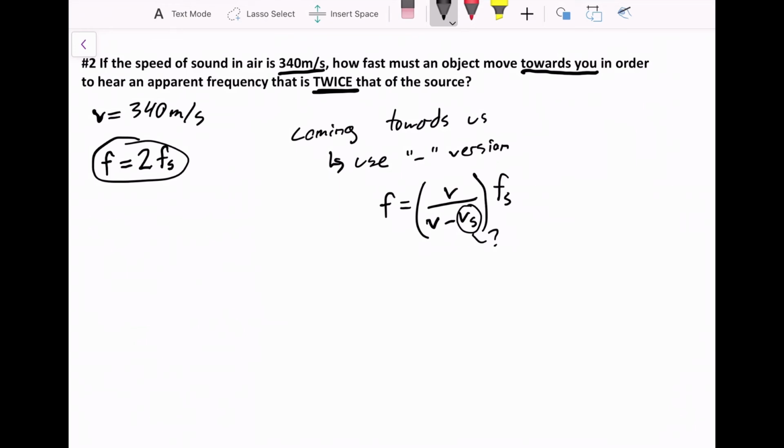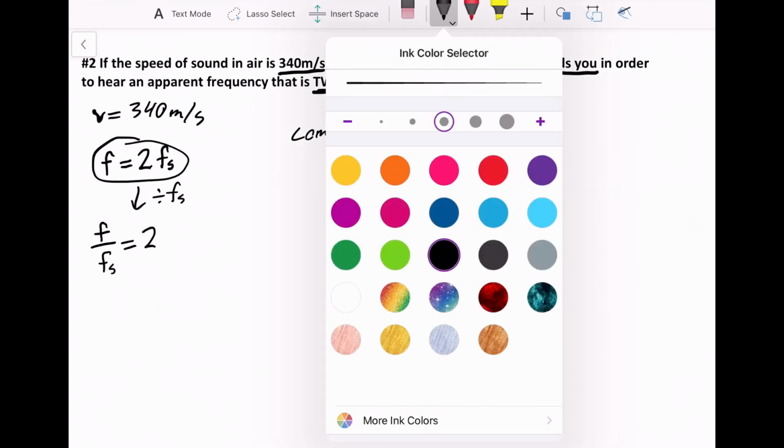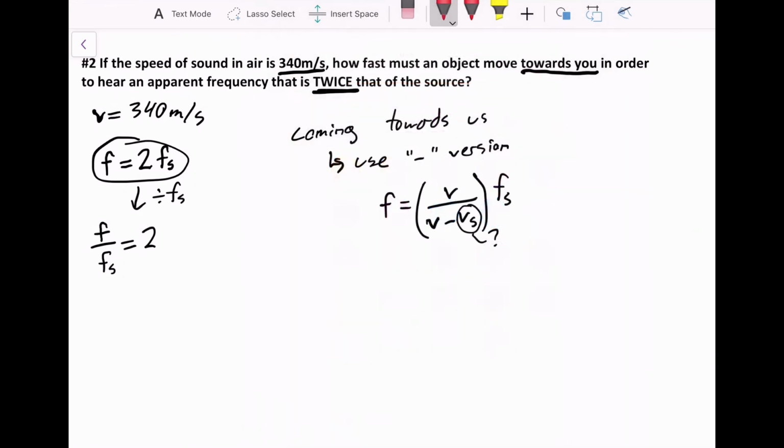So first thing that we might want to do, and we're going to be doing this in two spots at once, let's divide both sides by the frequency of the source. So we know the frequency divided by the frequency of the source is going to be equal to 2. We can do the same thing over here. So we can divide both sides, and I'll switch to a different color here. Sometimes that helps.